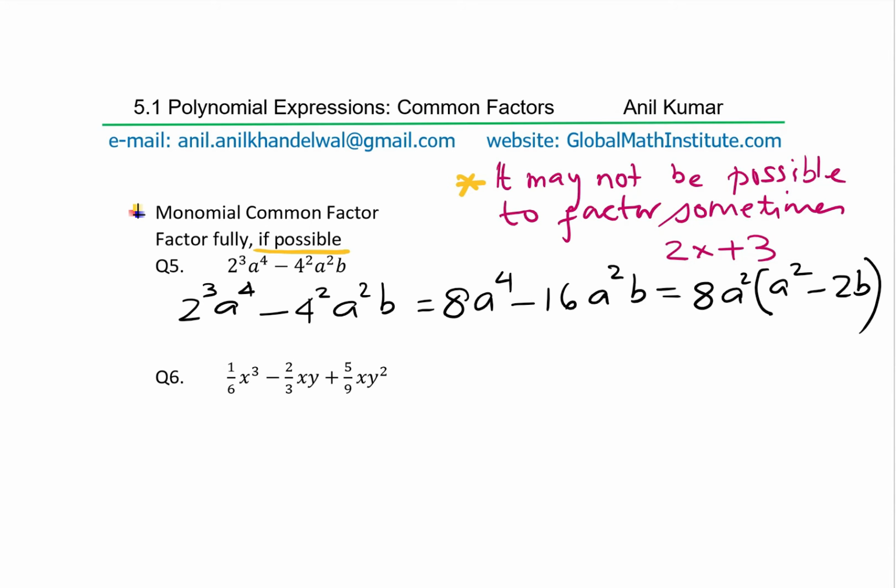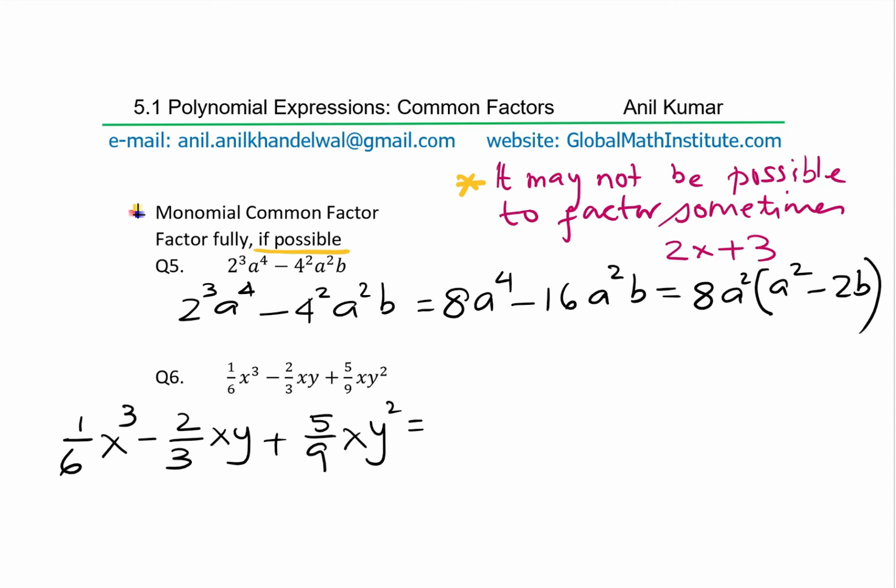Now here we have a fraction part, question number 6. You need to factor 1 by 6 x cubed minus 2 by 3 xy plus 5 by 9 xy squared. Let's rewrite this. I'll write this as 1 over 6 x cubed minus 2 over 3 xy plus 5 over 9 xy squared.